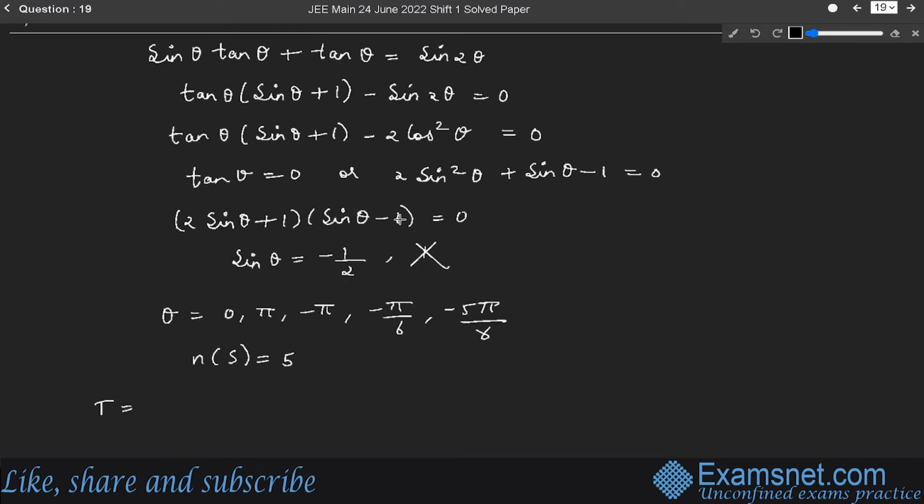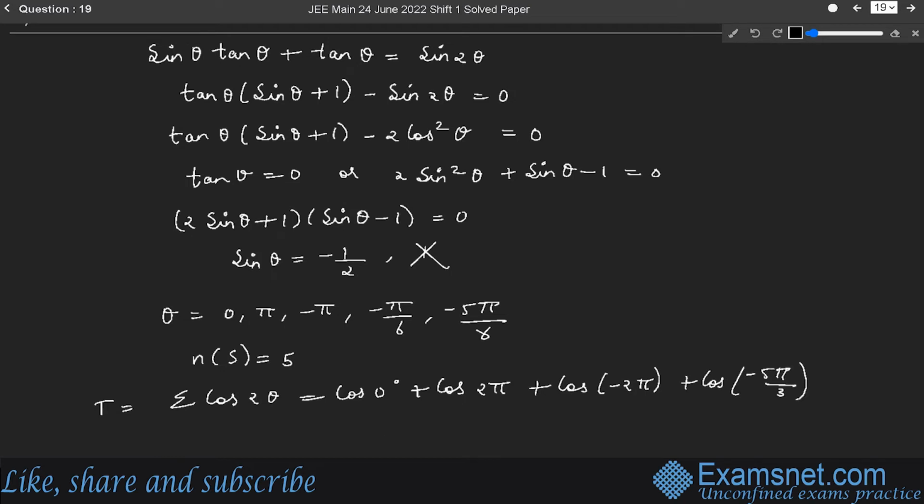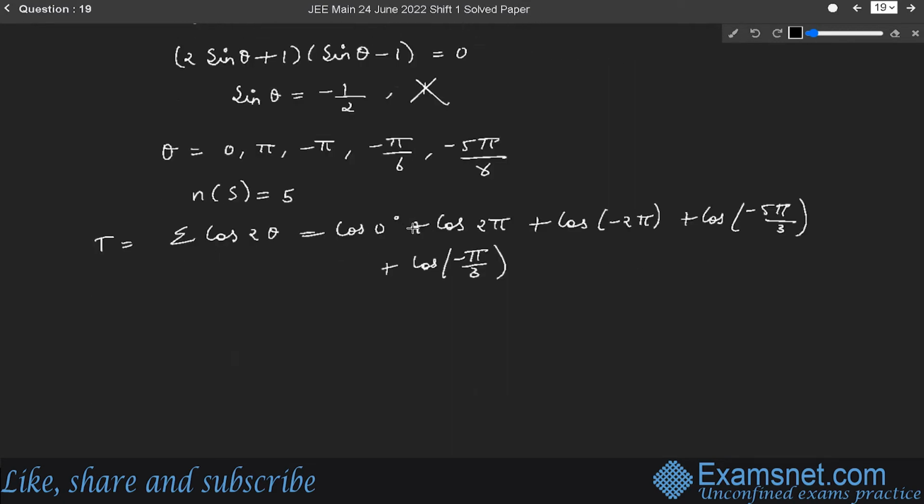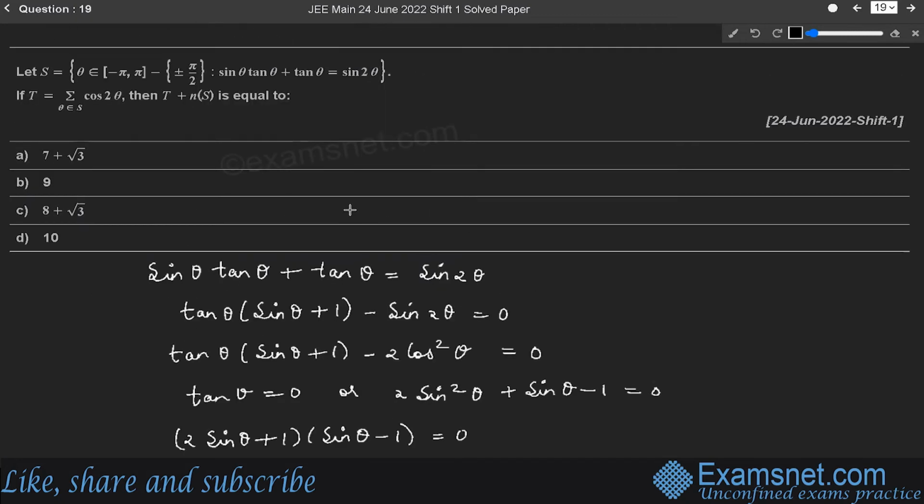So T will be equal to the summation of cos 2 theta, which will be cos 0 degree plus cos 2 pi plus cos minus 2 pi plus cos minus 5 pi by 3 plus cos minus pi by 3. So on further adding these values, T will be equal to 4.